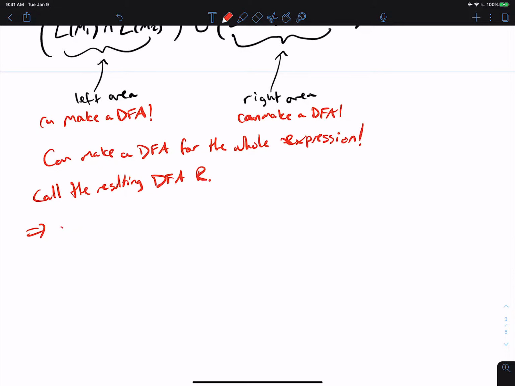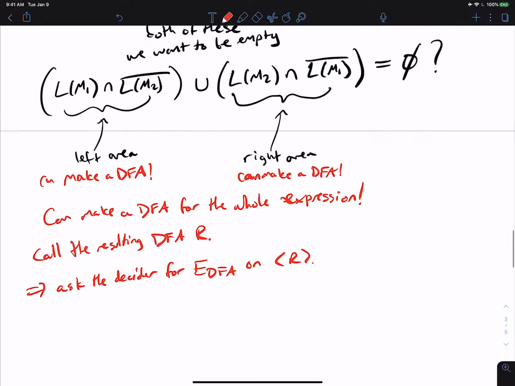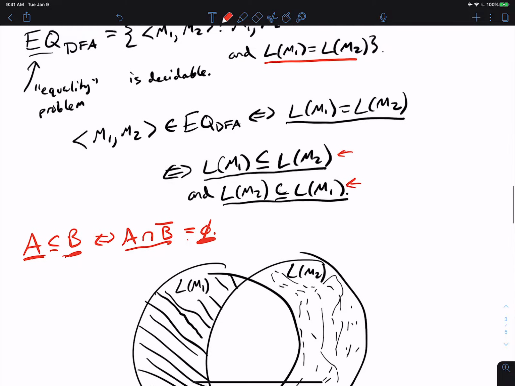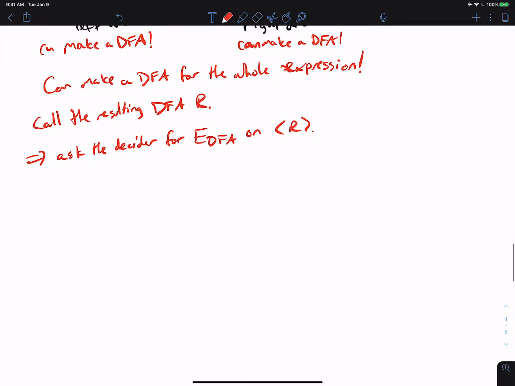So then ask the decider for E sub DFA on R, the string version of R. So then if the decider says, yeah, it is empty, well then that means that's exactly what we want, which means that the two DFAs have the same language. So if yes, then accept, because the language of M1 equals the language of M2.